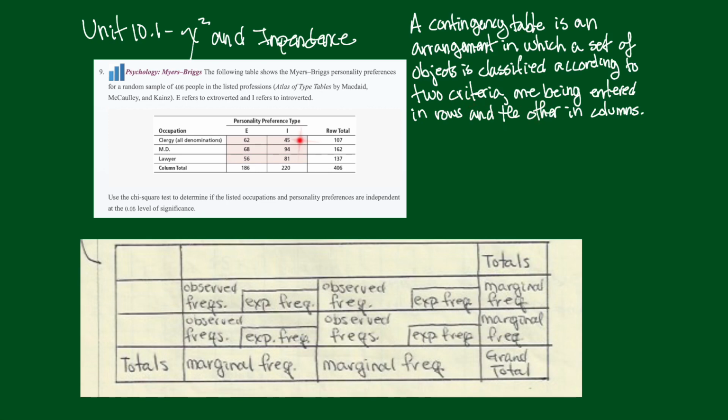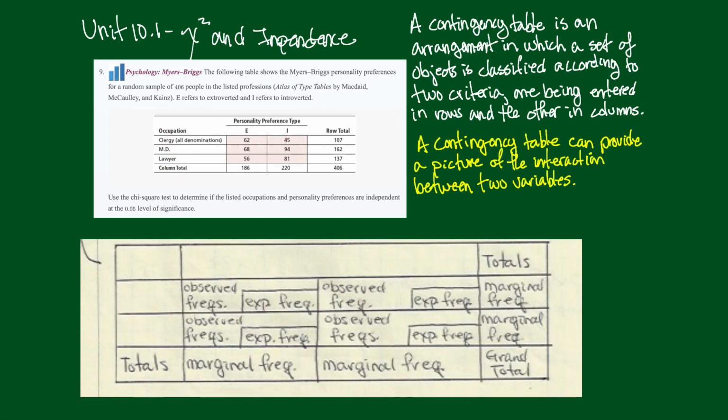So our collection of objects are people, and the criteria that we're using are occupations and personality types. What's nice about a contingency table is that it can show us a picture of the interaction between two variables. So we're able to see if there's any interaction at all between occupation and personality type.